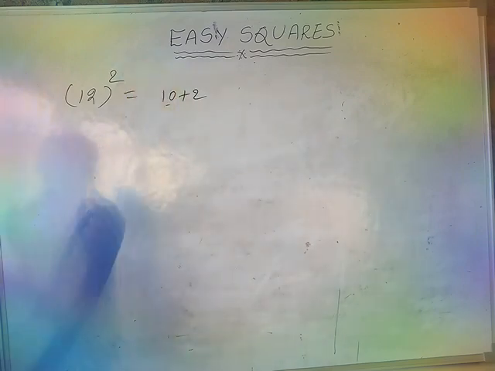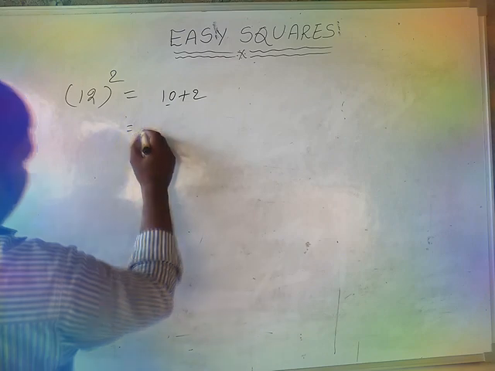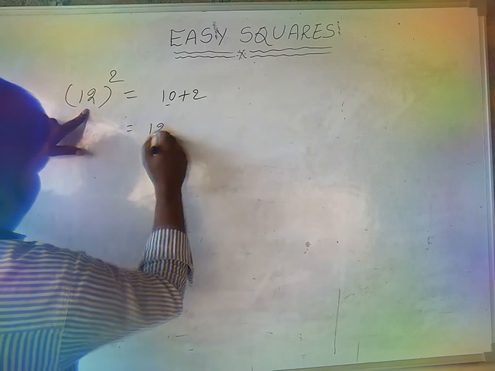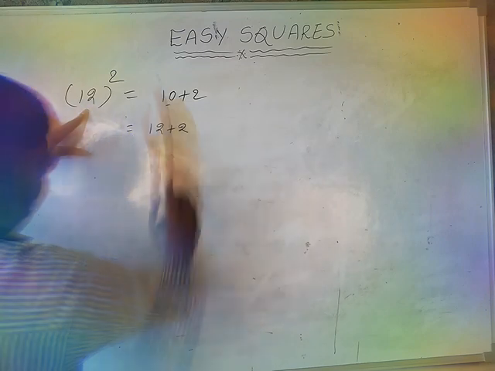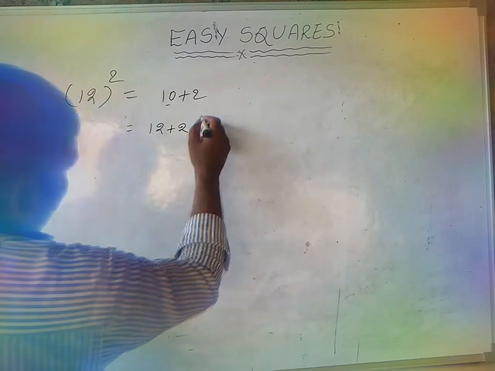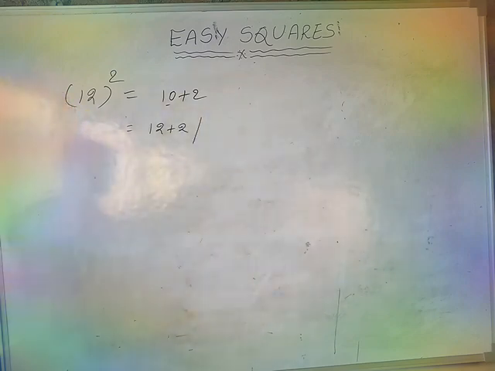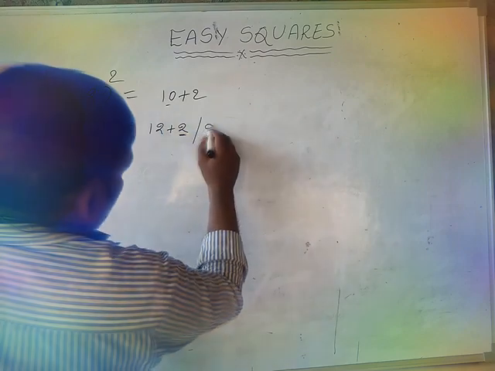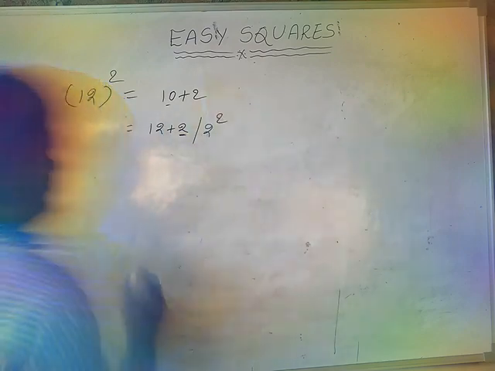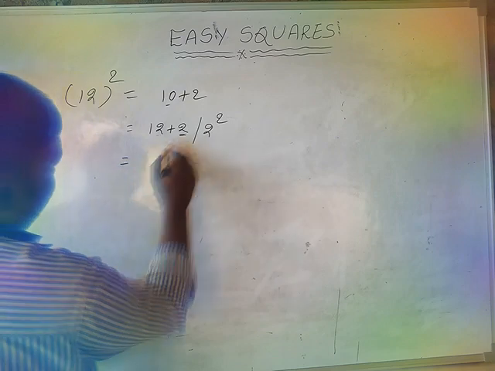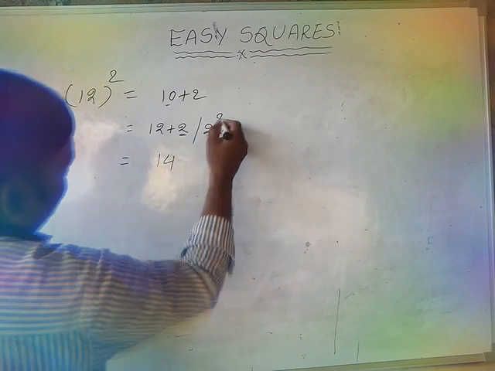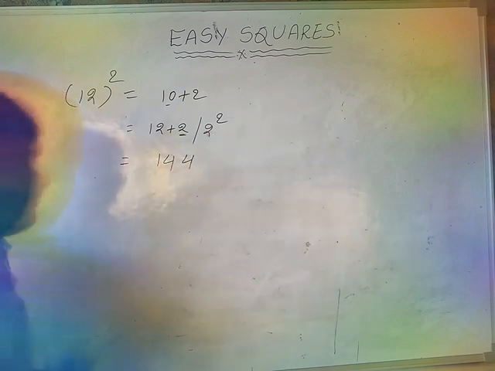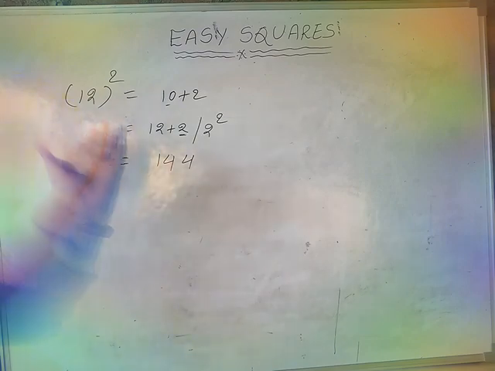Then we apply this: take the number 12 plus 2, slash, then the square of 2. This is equal to 12 plus 2, which is 14, slash, 2 square, which is 4. This is an easy technique.